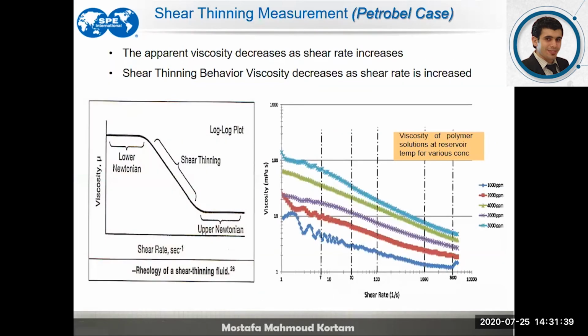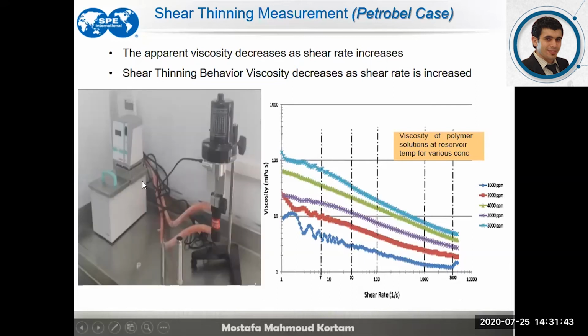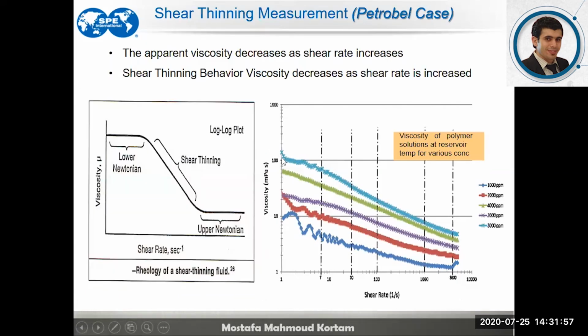This is a real example of the apparatus used for measuring viscosity, a viscometer tool, where the viscosity at different shear rates is expressed at different polymer concentrations.